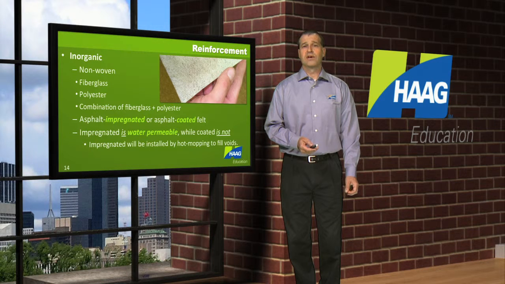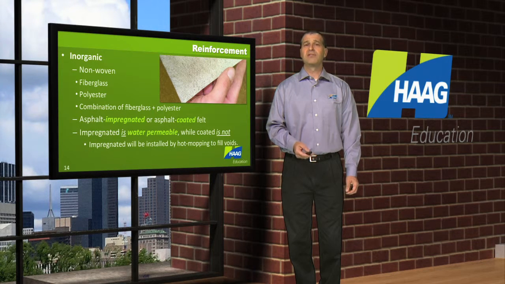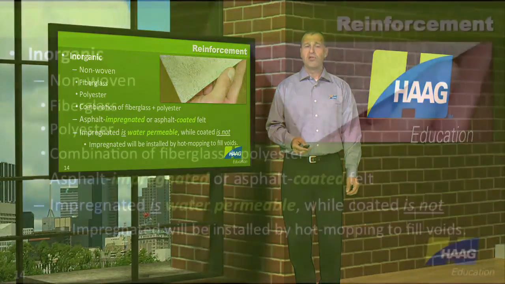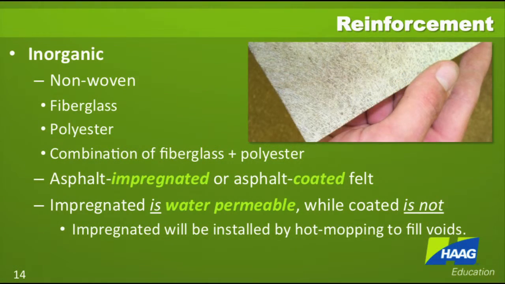With inorganic reinforcement materials, they're most commonly fiberglass for built-up roofing, though you can have mats that have polyester or possibly a combination between fiberglass and polyester. Then there are two levels of asphalt that can be applied to these felts. A full coating on both sides is termed asphalt coated felt.